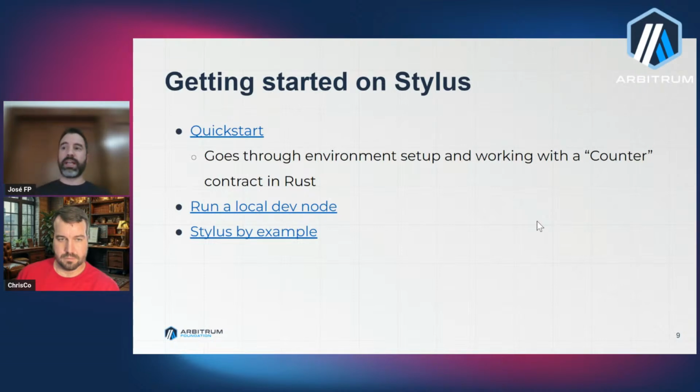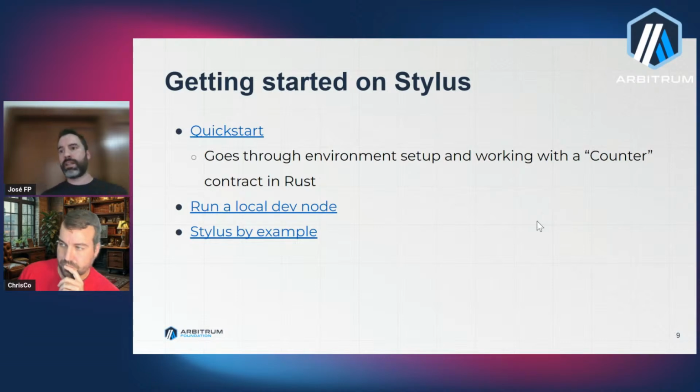Then there is another page in that same documentation portal, run a local dev node, that shows you how to run a node on your machine that you can use to test your smart contracts. We are going to take a look at that later today. And then Stylus by Example. Stylus by Example tries to mimic Solidity by Example, for those who know that portal.